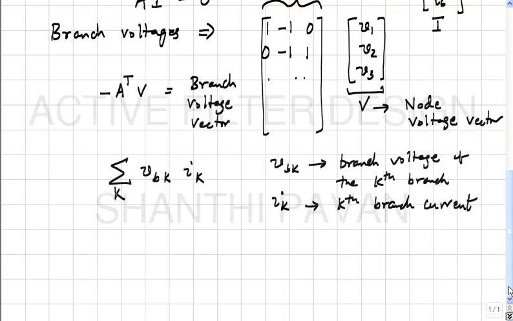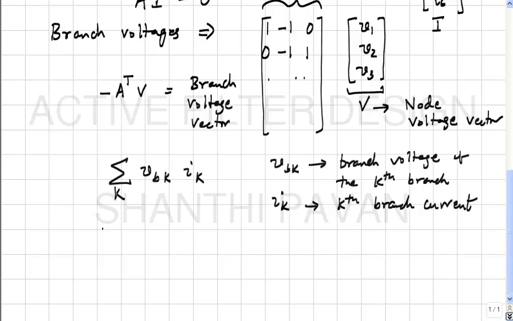What is the sum of VBK IK physically? Depending on the algebraic sign, it is the power either dissipated or generated by the kth branch. So it must be pretty apparent that the sum of all the branch voltages times branch currents must be 0. Let's actually set out to prove it.